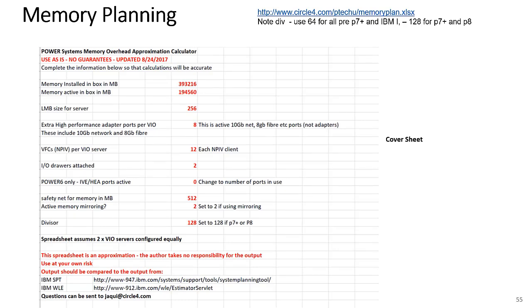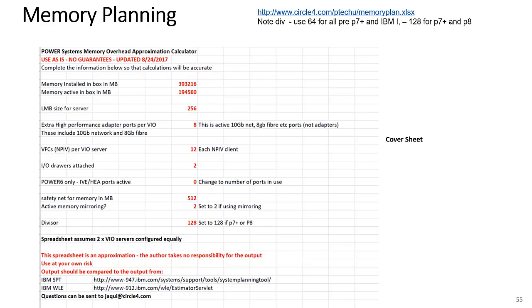So the spreadsheet that I use basically has me put in how much memory is in the box, what the LMB size is, which is also known as the memory region option, how many high performance adapter ports per VIO, how many VFCs. There's also a little bit of memory needed for IO drawers. And then I always throw in a safety net, whether or not I'm using active memory mirroring and so on.